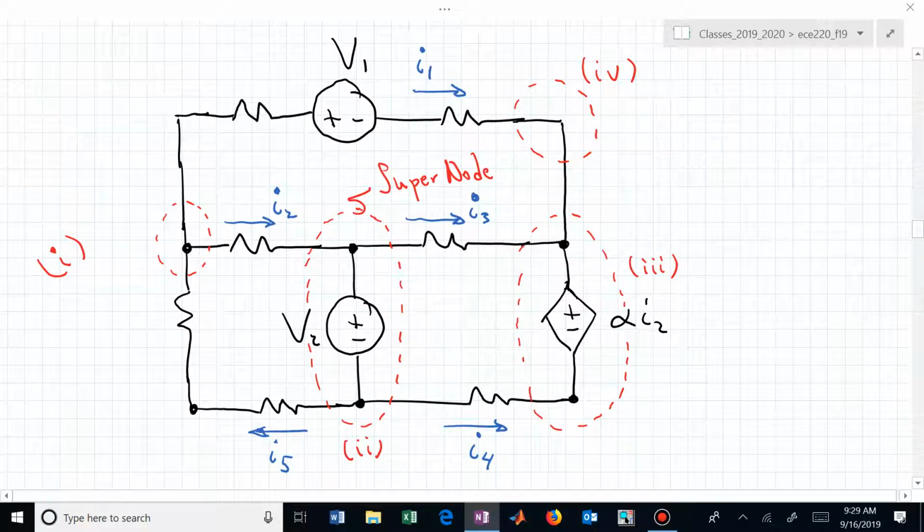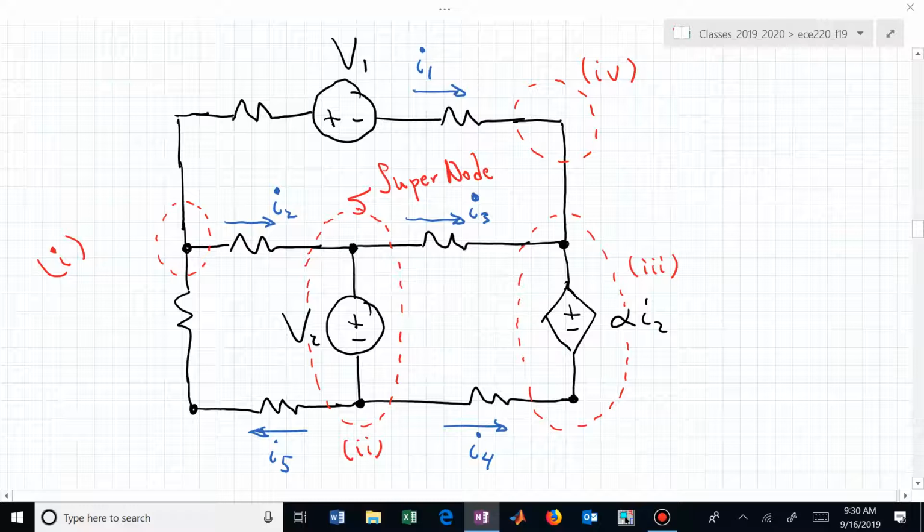I've identified 5 different currents that I want to use in connecting KCL equations for these 4 locations. And I'm going to use the strategy of summing currents out of nodes and setting those sums equal to 0.